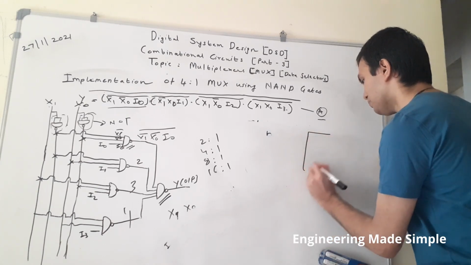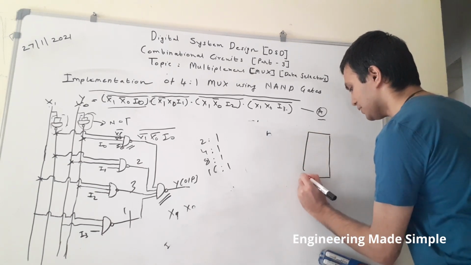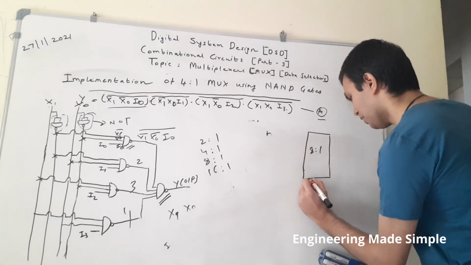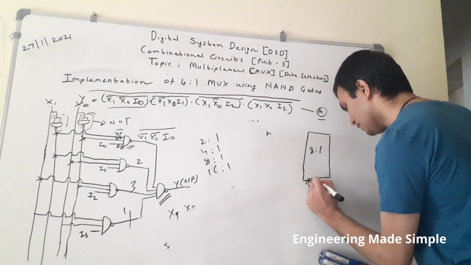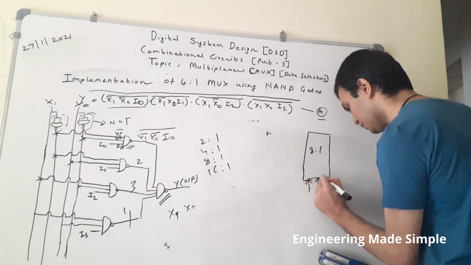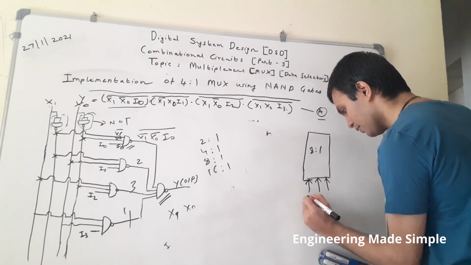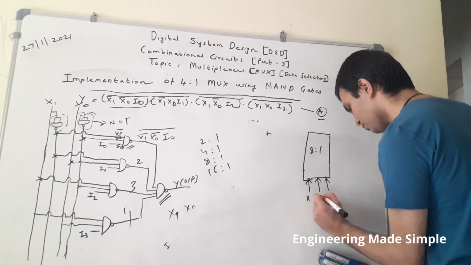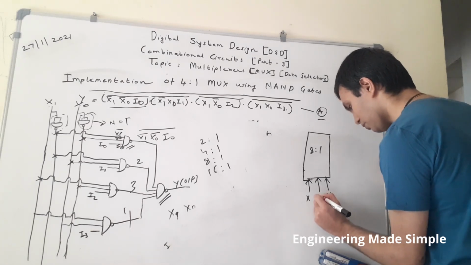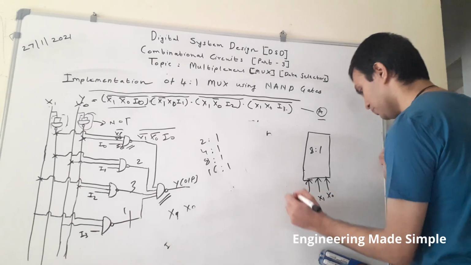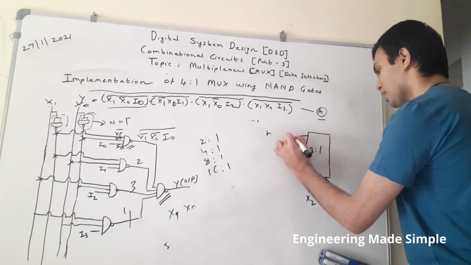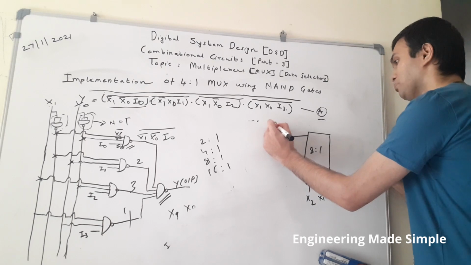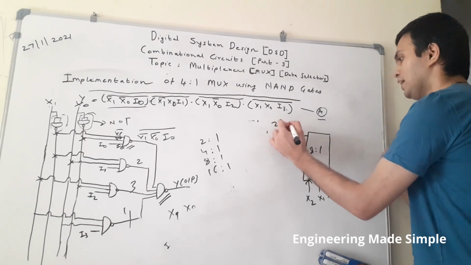And how would it look? This is a multiplexer, an 8:1 multiplexer. There would be 3 select inputs, x0, x1, x2. As there are 3 select inputs, how many possible input combinations will there be? That is 2^3, that is why 8.